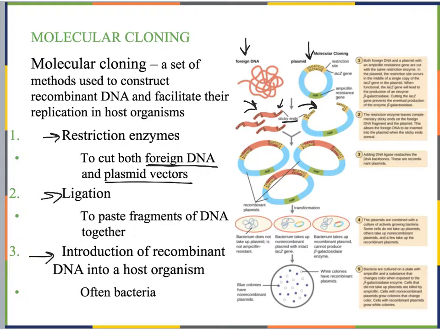So basically we've manipulated this DNA outside of the organism, in vitro, and then we put it back into the organism. We put it into the bacterium, which is, again, oftentimes bacteria. Then we can do blue-white colony screening in order to make sure that we get bacterial colonies that we can then mass produce and culture more of.